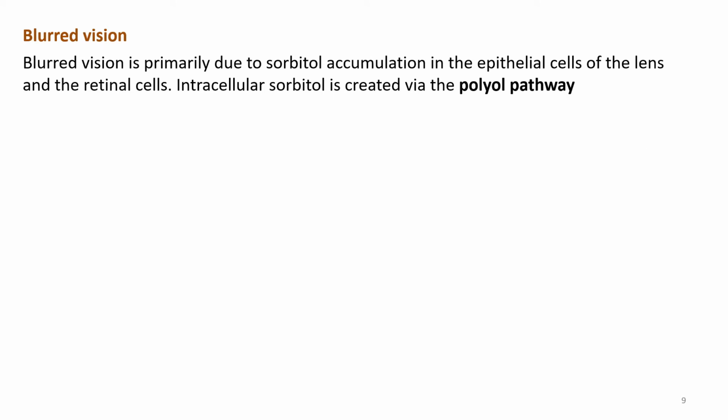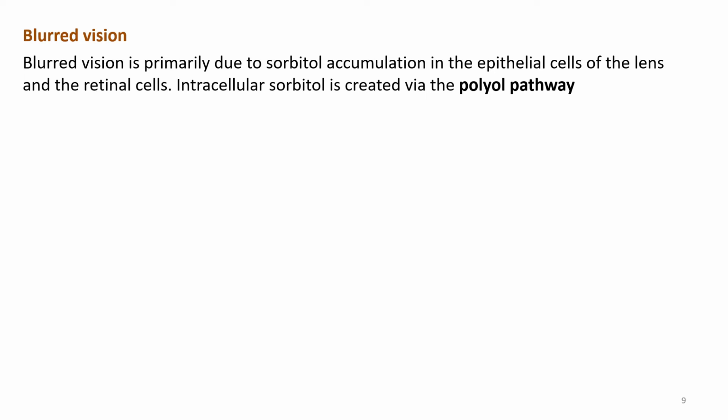Blurred vision is due to something called the polyol pathway, not to be confused with polydipsia, polyuria, polyphagia. This is a metabolic pathway that leads to the production of sorbitol within cells. When we talk about sorbitol, yes, it is the same thing that you get in sugar-free mints and sugar-free chewing gum.